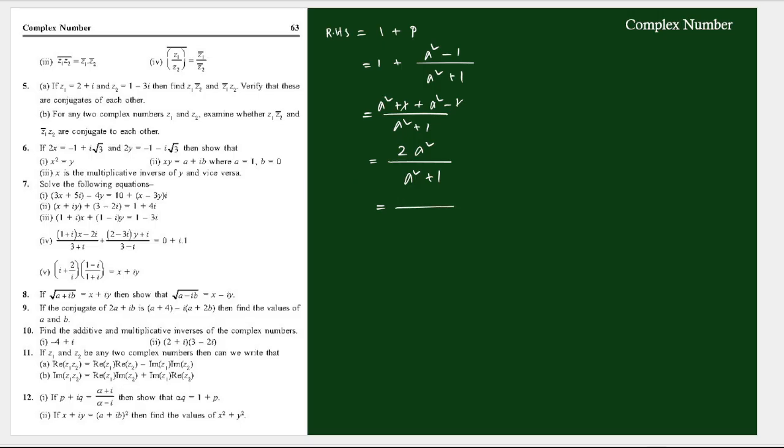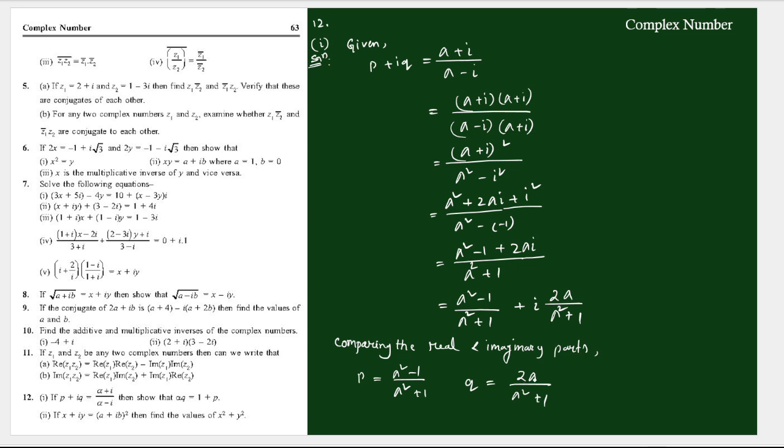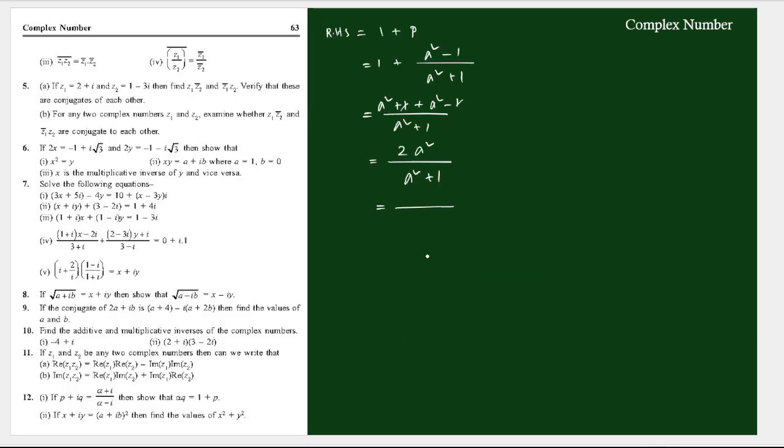So wait, you see here, what is our q? 2 alpha over alpha square plus 1. We have got 2 alpha square, that means one alpha is multiplied. So we can write here like this: alpha into 2 alpha over alpha square plus 1, and this is your q.